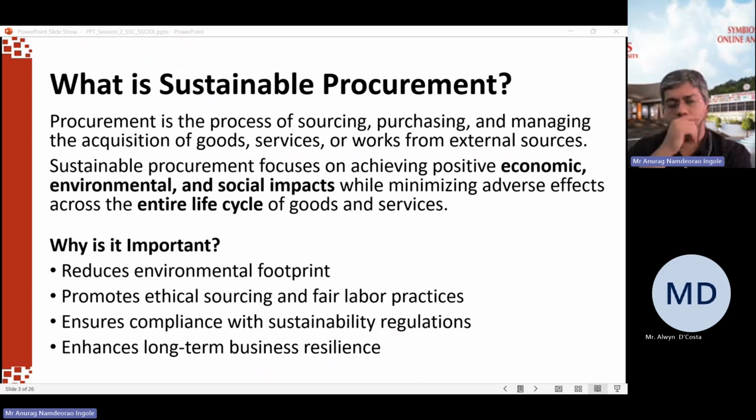Okay, so we'll start with sustainable procurement first as a function. As we discussed, procurement is the process of sourcing, purchasing, and managing the acquisition of goods, services, or works from external sources. Whatever is required for you to manufacture a good, a service, or a product, you have to start with the procurement of the raw material for that particular activity.